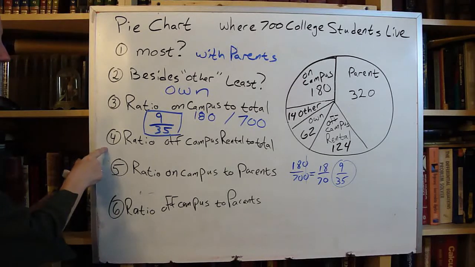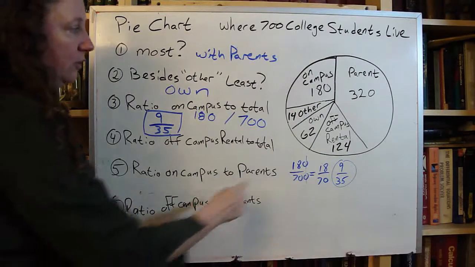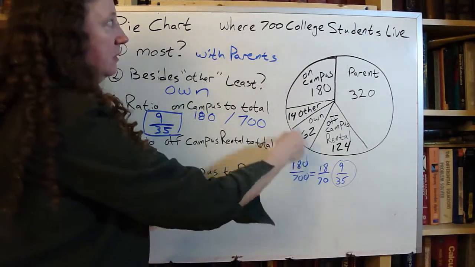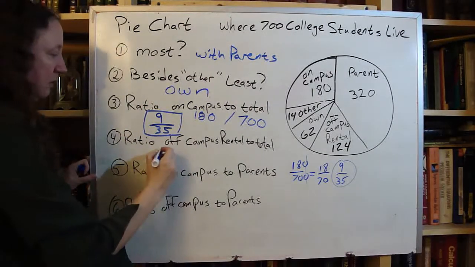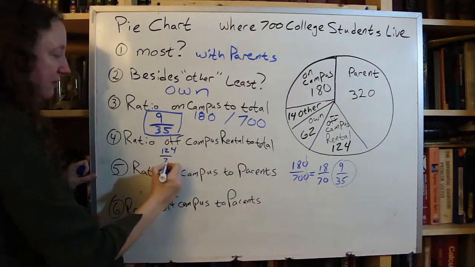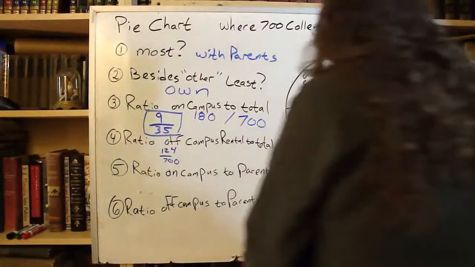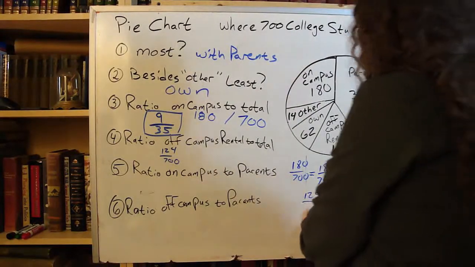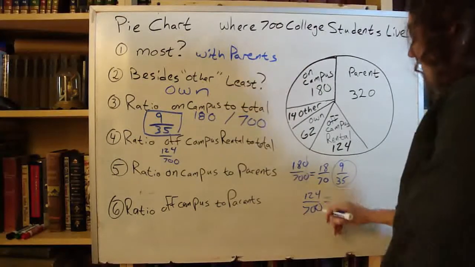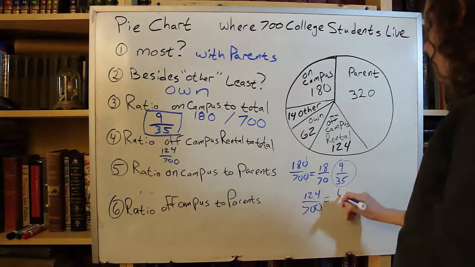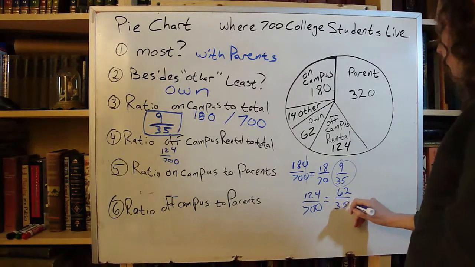Question 4 is asking about the ratio of off-campus rentals to the total. So off-campus rentals, 124, to the total, 700. 124 over 700. Reduce that. Divide top and bottom by 2. Gives us 62 over 350.